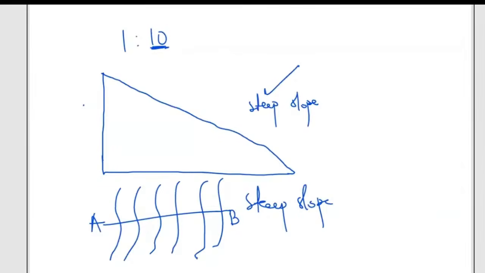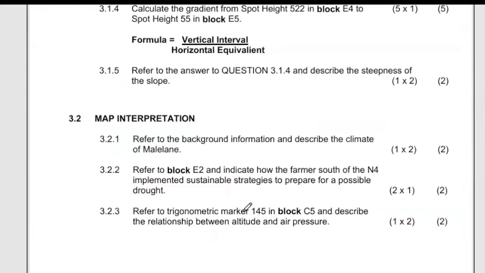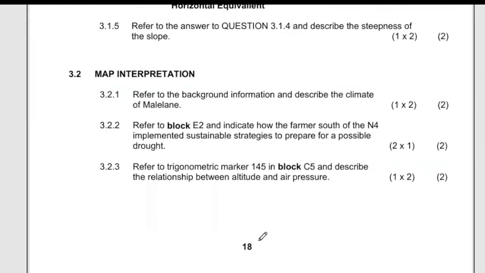Right, just for clarity purposes, let's go on and look at the other questions. Refer to the background information and describe the climate of Melilane. If you look at the background information and try to relate to the climatic conditions, we see that Melilane has a climate typical of subtropical.